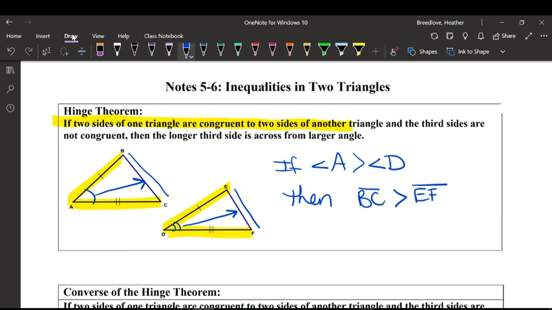So this goes back to the triangle inequality theorem from Friday. The larger side is across from the larger angle, the smaller side is across from the smaller angle. And so when you have two triangles, if two of the sides match two of the sides of the other triangle, you can compare the third side and third angle.